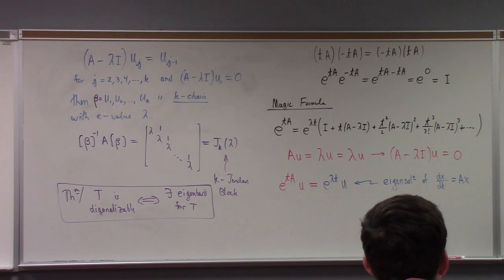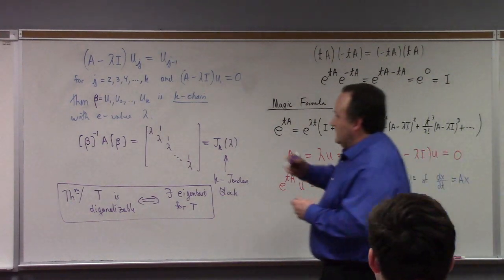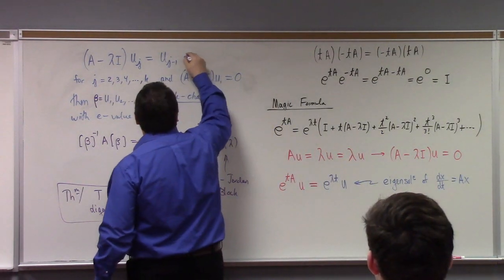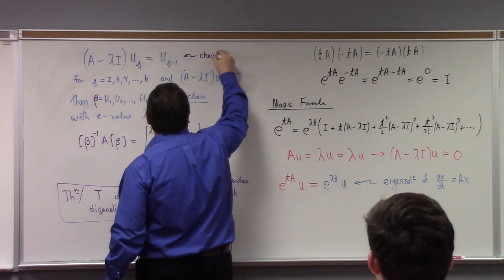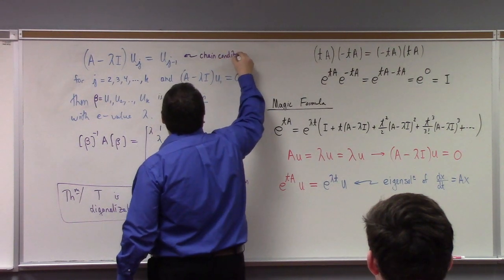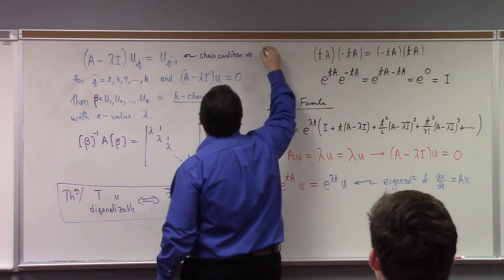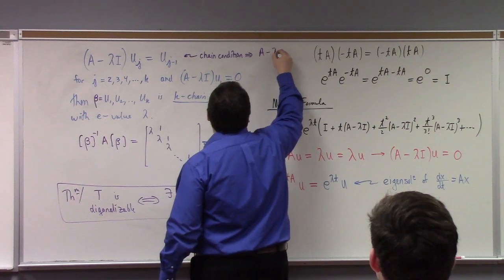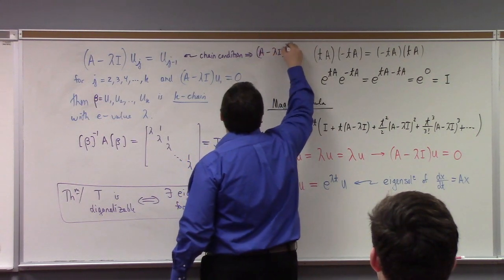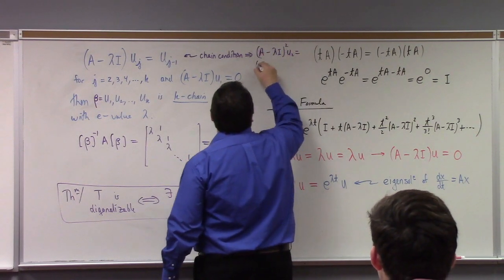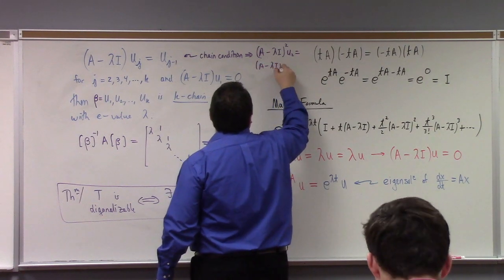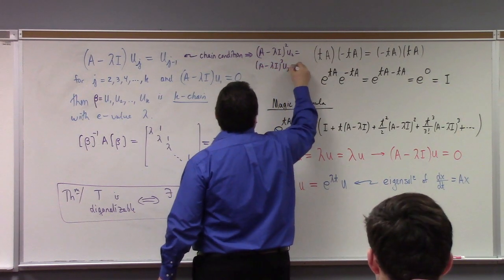So this condition here is the chain condition. And let me tell you what it means. It implies, for instance, that (A minus lambda I) squared on U2 equals what? (A minus lambda I) cubed on U3 equals what?